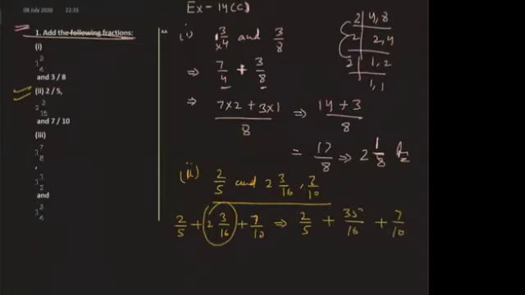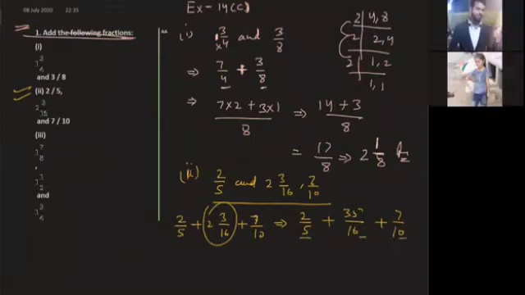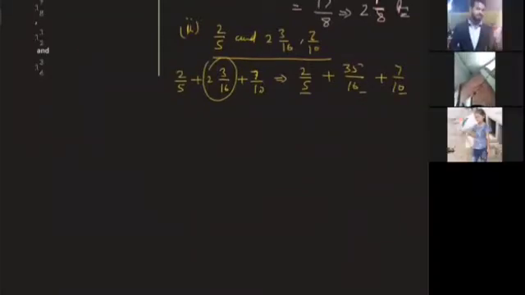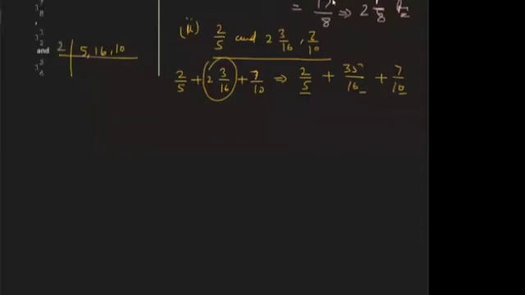Now find the LCM of 5, 16 and 10. So what is the LCM? 5 as it is, 2 8s are 16, 2 5s are 10.